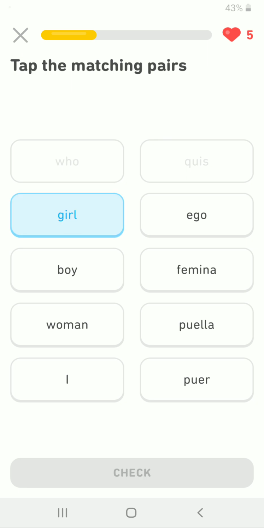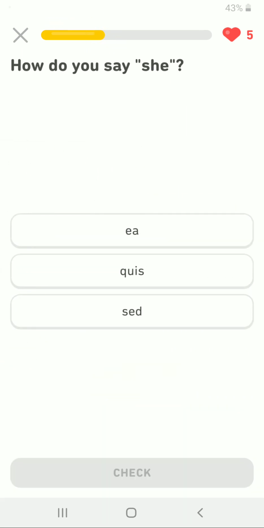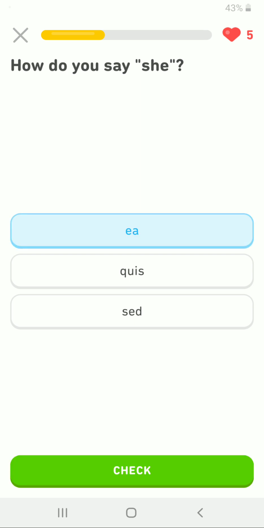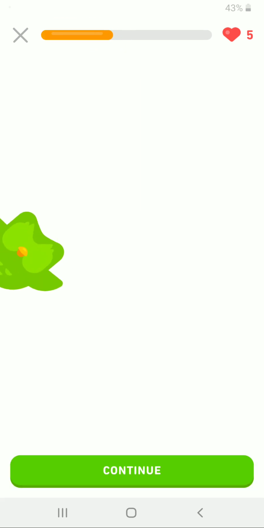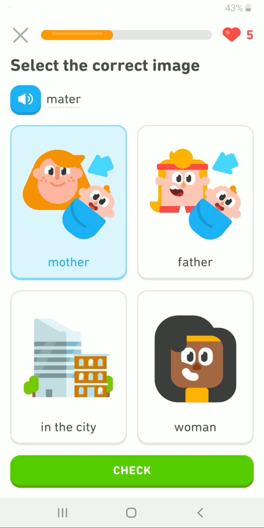Girl is puella. Boy puer. Femina, this we know. And she is ea. So we're getting used to this. Mater is mother, but just for the training purpose, pater would be father. In the city, in urbe, and woman it's femina. We know that.